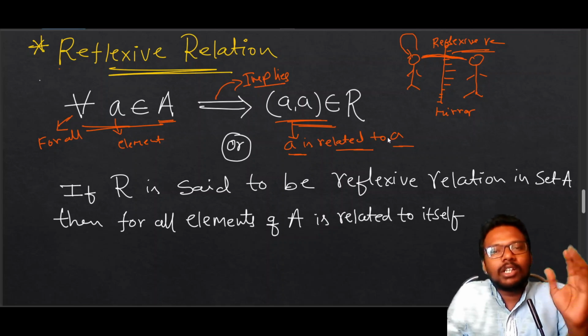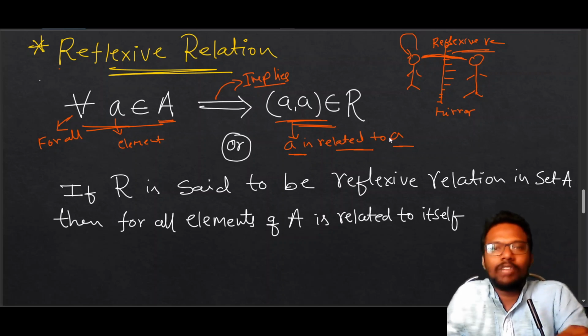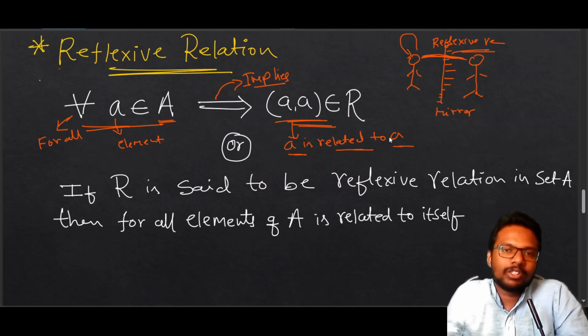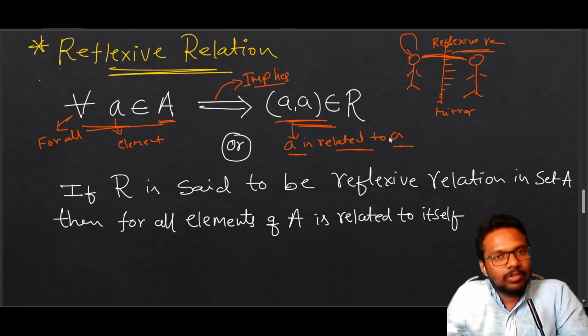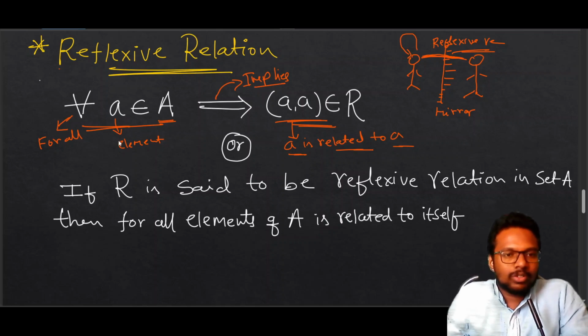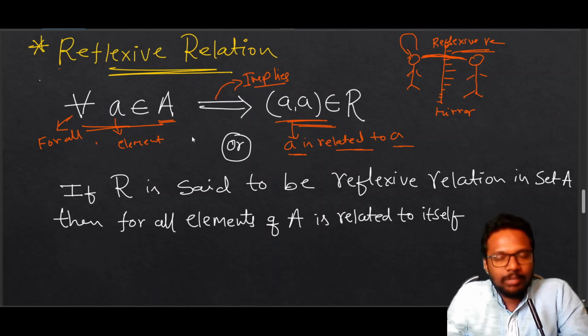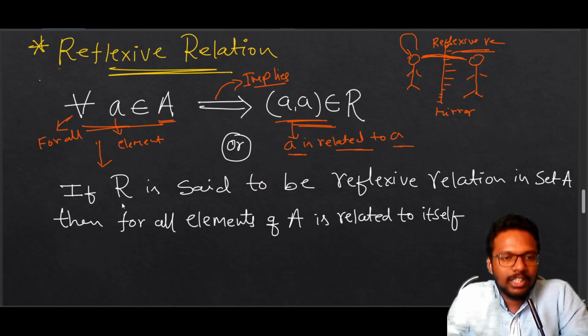A reflexive relation is nothing but a relationship that happens to itself. There is no need for another person. To create a reflexive relation, one element is enough, because one element can create a relation to itself. Now what I have explained is in the symbolic mathematical way. The same definition I have written in a sentence, so let us understand that definition also here.